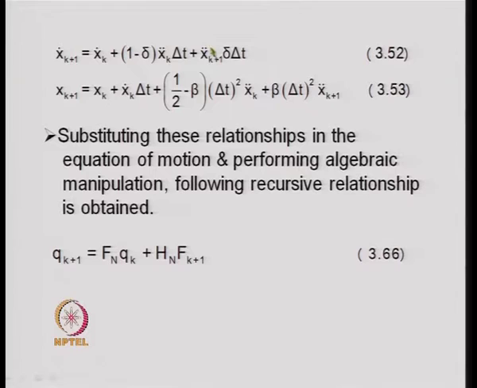So, we see that for delta equal to half and beta equal to 1/4, these two equations provide us the displacement and velocity at the k plus 1th station, using the assumption that the acceleration is varying linearly, and we assume the acceleration to be an average acceleration over the time interval.